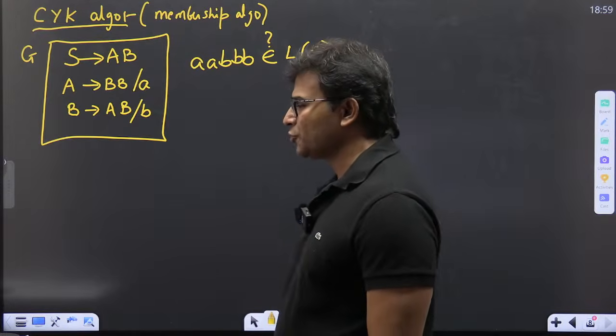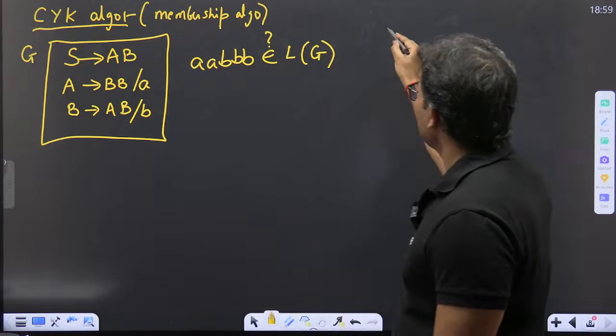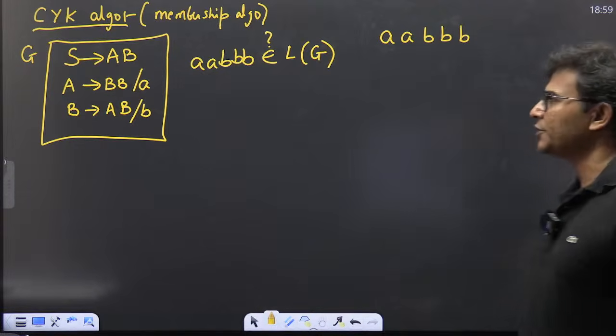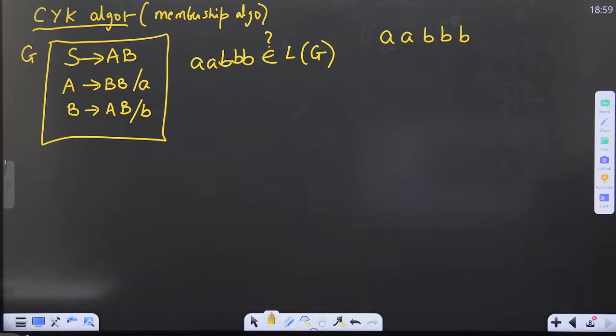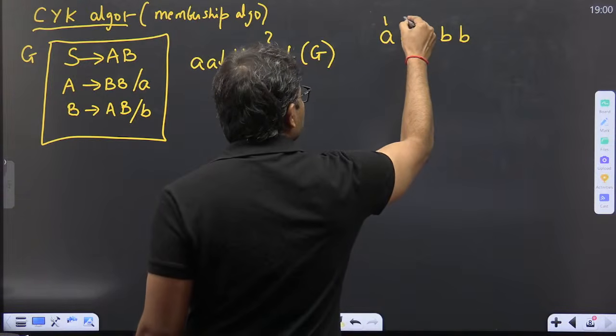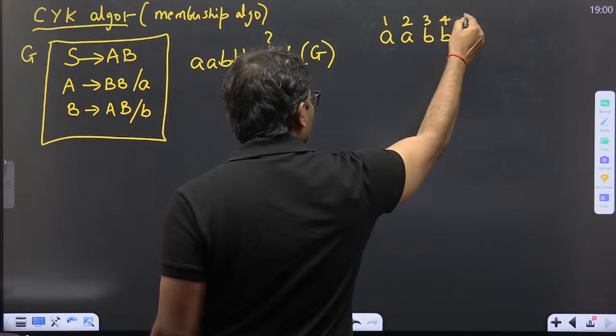The general procedure of CYK is, let us say this string is A, B, B, B. Now let me write numbers like this: 1, 2, 3, 4, 5.